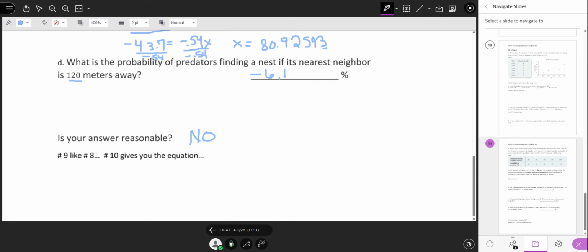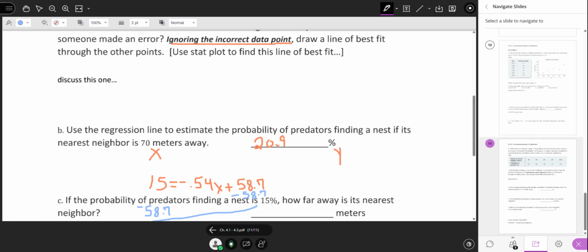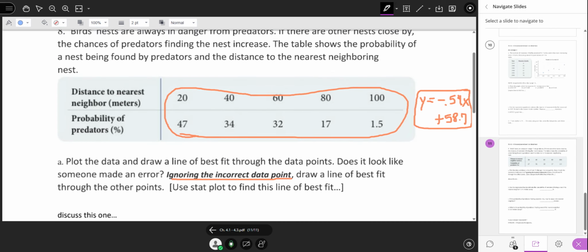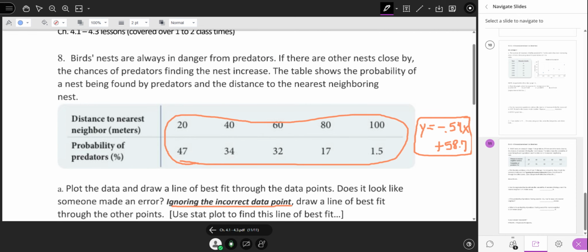Now, number 9 is like number 8, but it gives you the equation. Number 10 gives you the equation. All right? I think there is another one that gives you something like this where you need to find the equation.